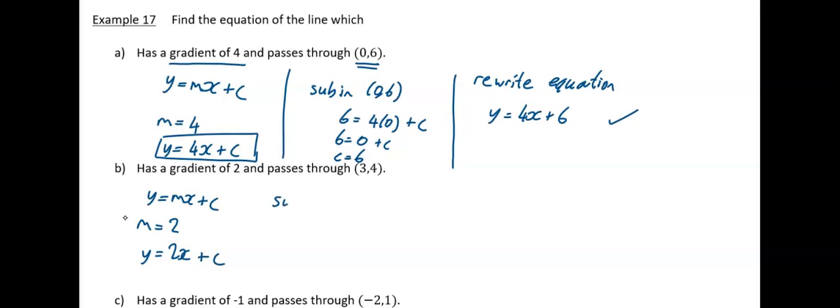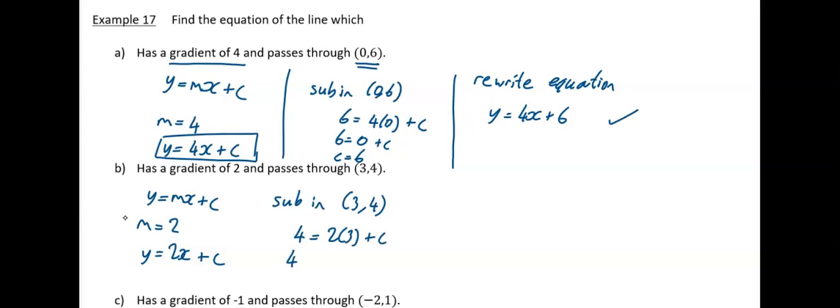And then what we want to do, same as the last question, we want to sub in the point which is 3, 4. So subbing in means you're going to replace your x value with 3 and your y value with 4. So instead of y equals 2x plus c, it becomes 4 equals 2 times 3 plus c.